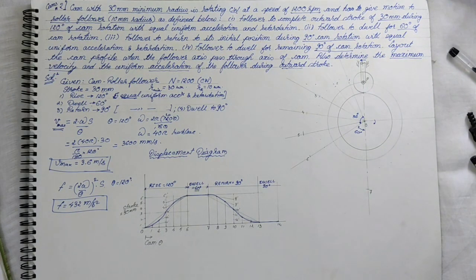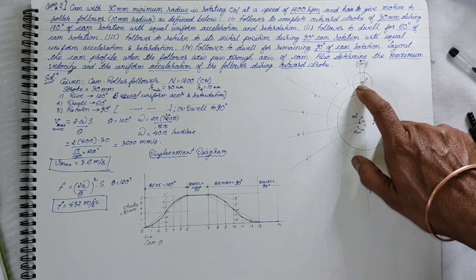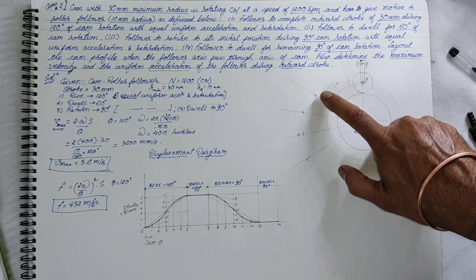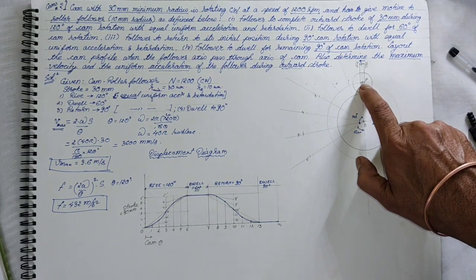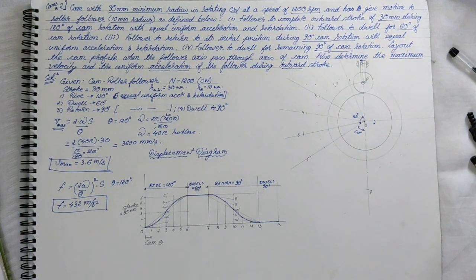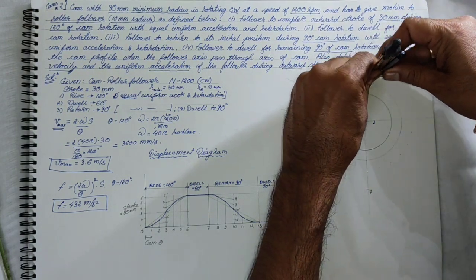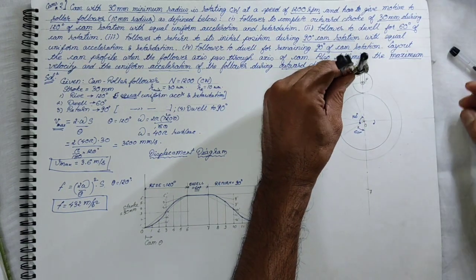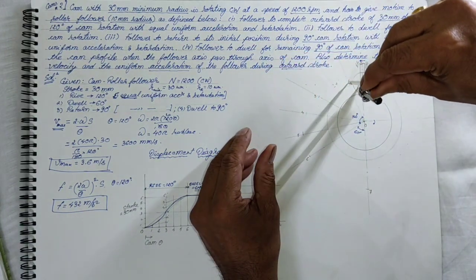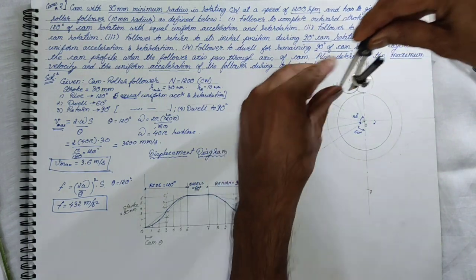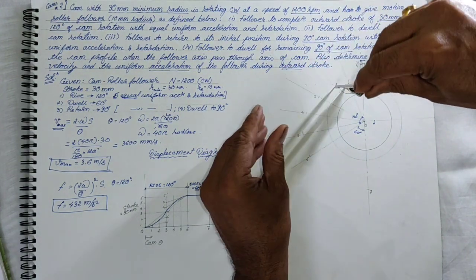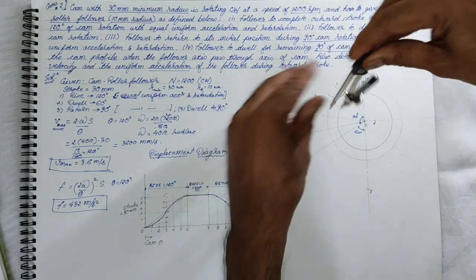Now, these are all the trace points, or the centers of the roller. So here we'll have to draw the roller. So 10 locations of the roller, because the cam profile will be a common tangent curve to these roller conditions.